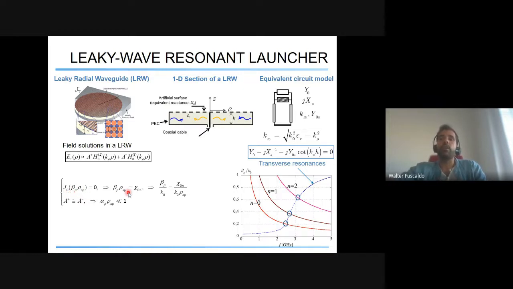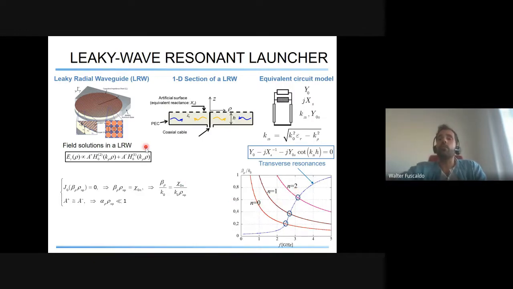So the radial resonances of this device correspond to the radial wave numbers that resonate with one of the zeros of the Bessel function, here highlighted with the symbol k sub 0n. And in this figure, you can see the first three radial resonances reported in red, brown, and magenta.